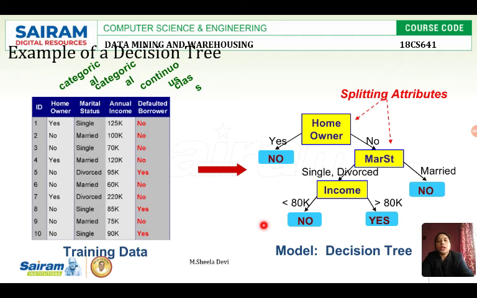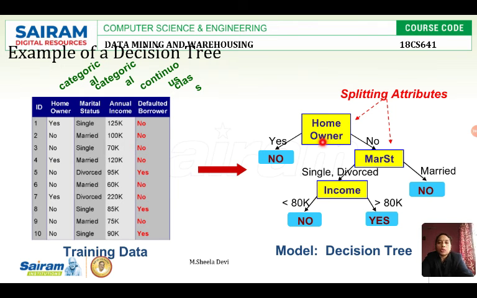For example, say my test data is like this. He is not the homeowner and his marital status is single and his salary is more than 80,000. So my decision tree should predict now whether he will be a defaulted borrower or not.